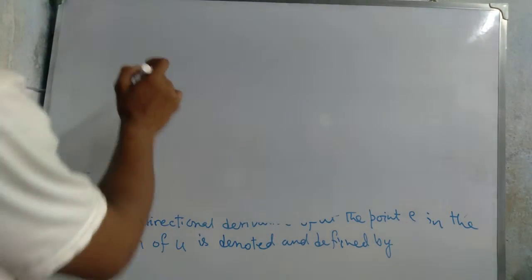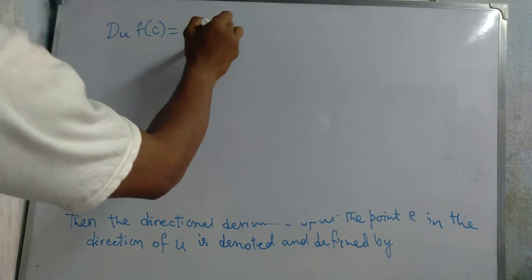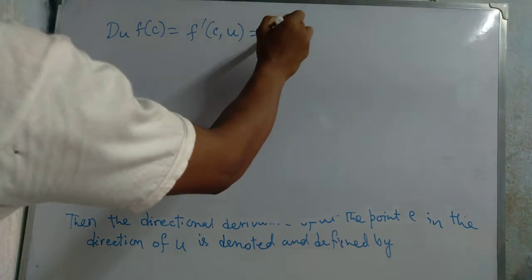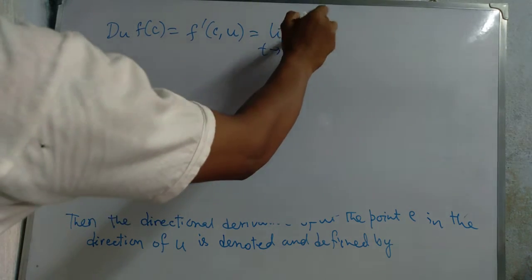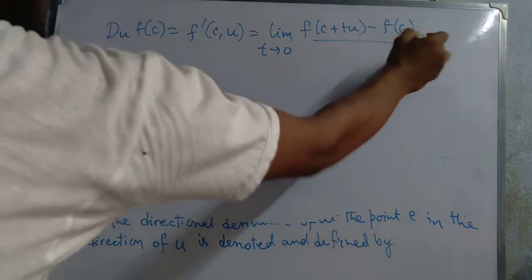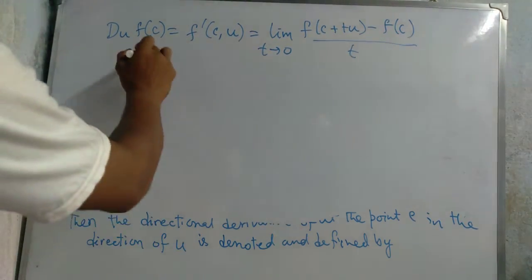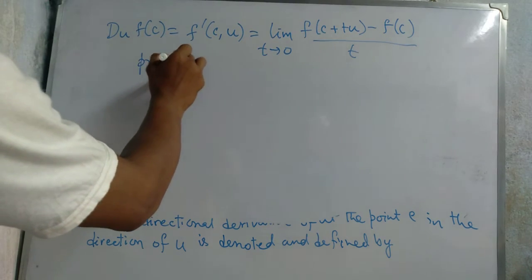D_u f(c) equals f dash (c, u) equals limit t tending to 0 of (f of c plus tu minus f of c) divided by t, provided the limit exists.